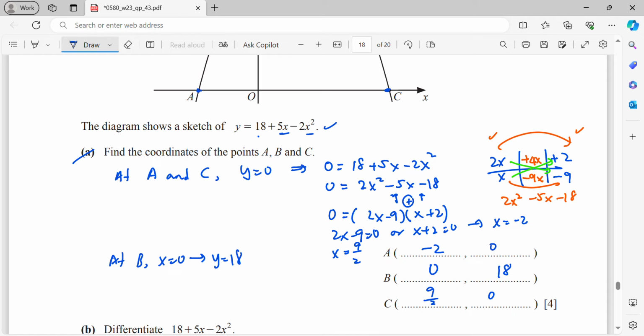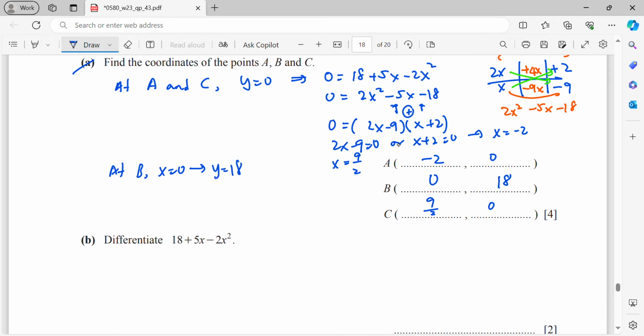Okay, now part B. Differentiate this. So I differentiate 18 plus 5x minus 2x squared. When you differentiate x to the power n, with a constant c in front, you factor out the c and differentiate x to the power n.